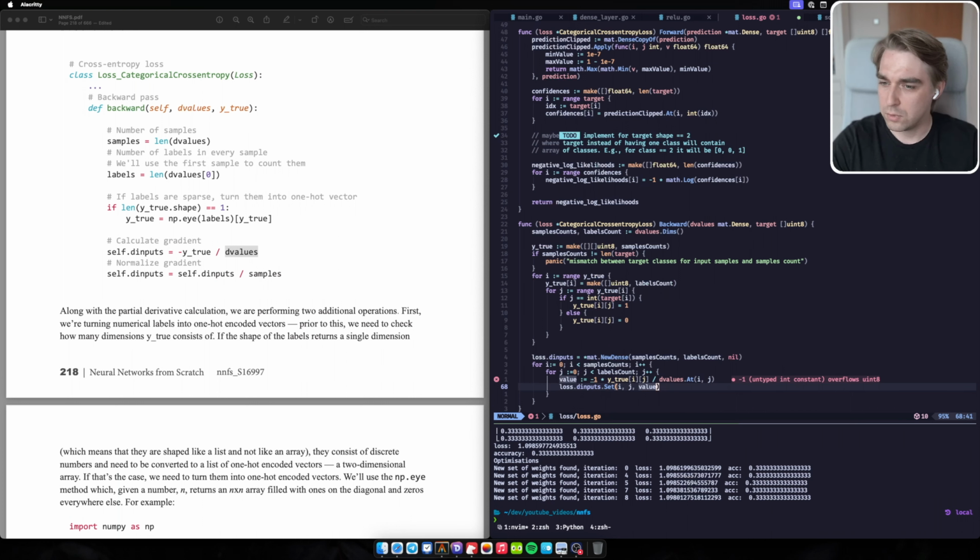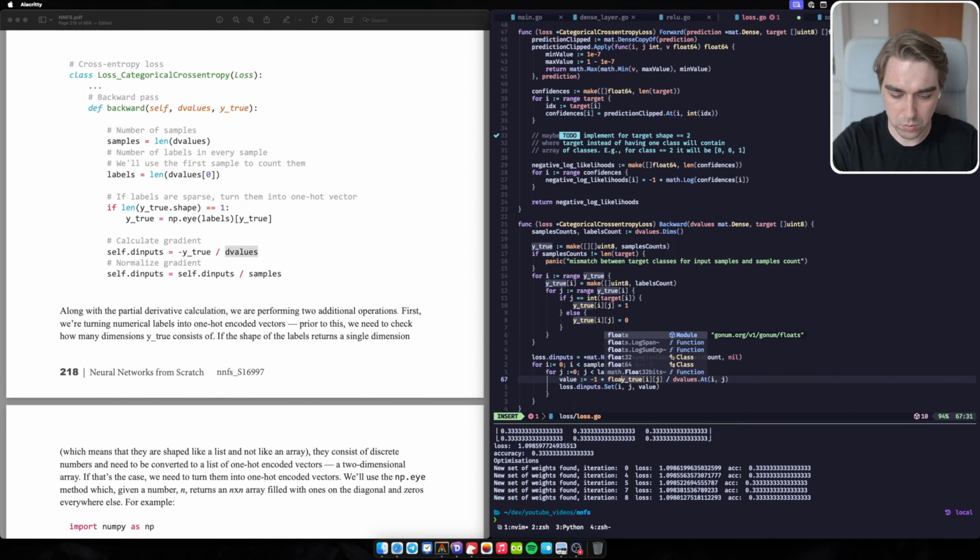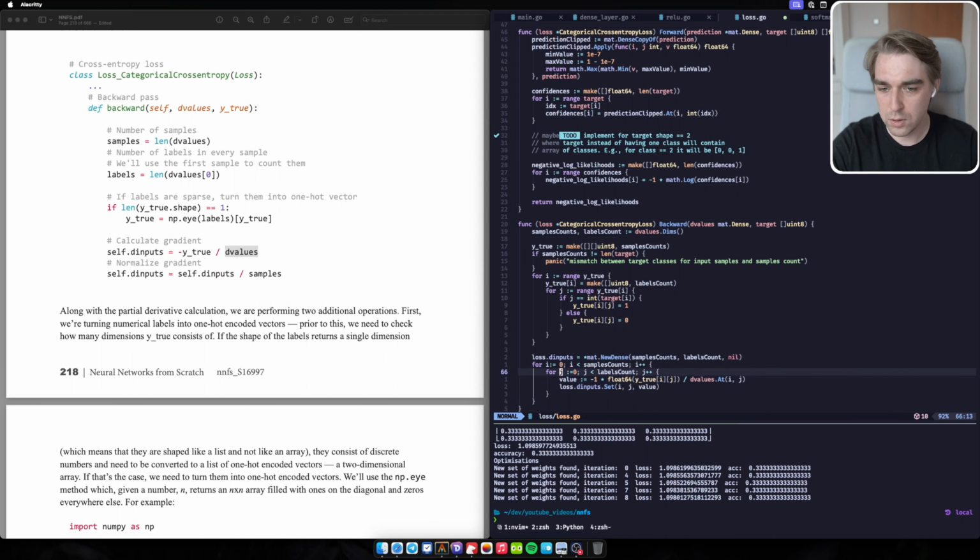And type in constant overflows. Yes, that should be float 64, but I'm doing the division anyway.